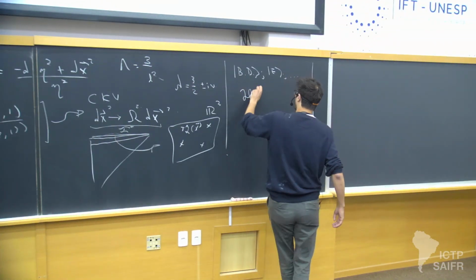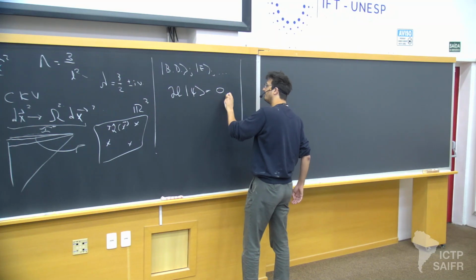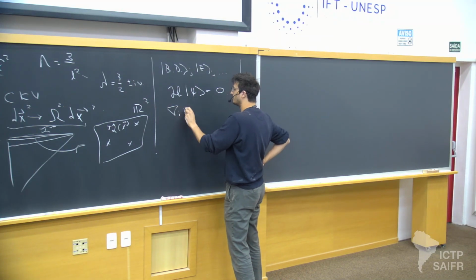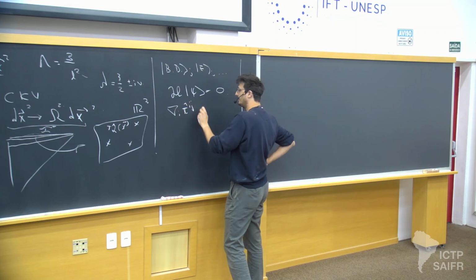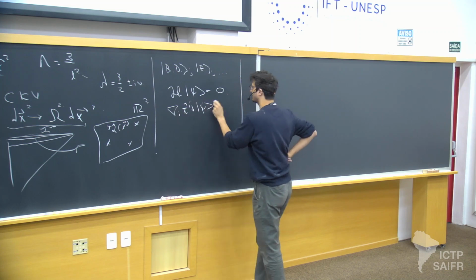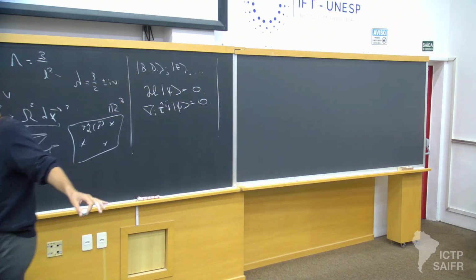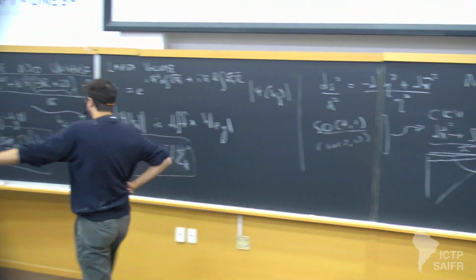Yeah? So we have, well, this equation over here, and also the more simple one to understand, which is that states should be coordinate invariant under spatial transformations.